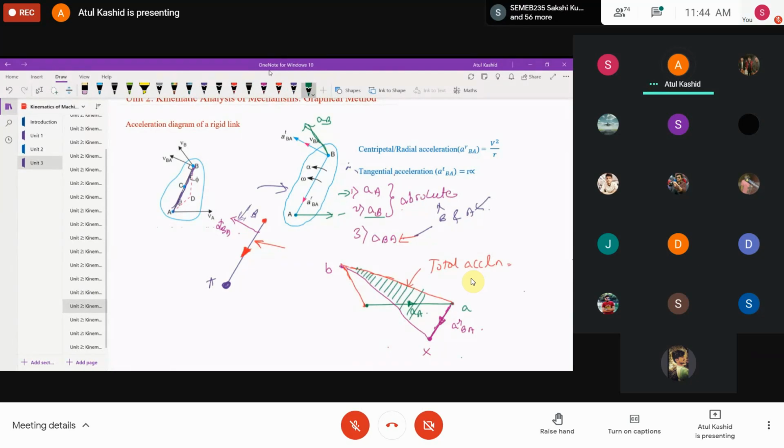See this triangle, right? So first we went from A to X for the radial acceleration. Then we went from X to B for the tangential acceleration, right? And our AB or small ab, I can say, is nothing but the total acceleration. Okay, small ab you can see over here.